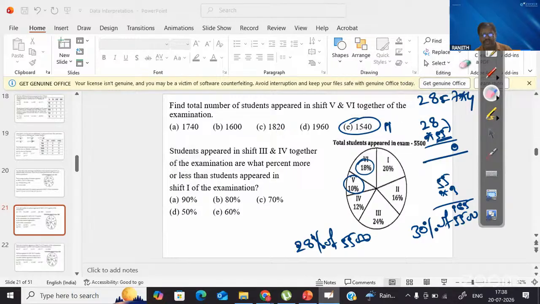Instead of doing any multiplication, directly also we can put the value. So out of these two options, we need to go with the multiple of 7 and multiple of 11. So the answer is 1540.